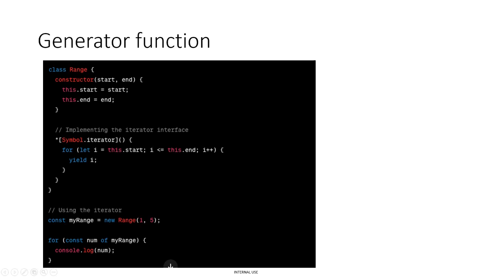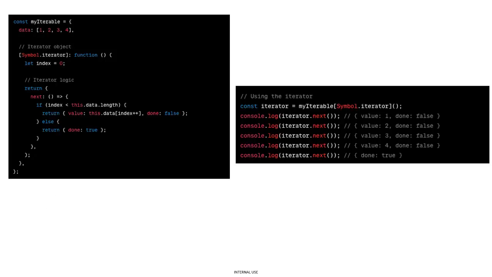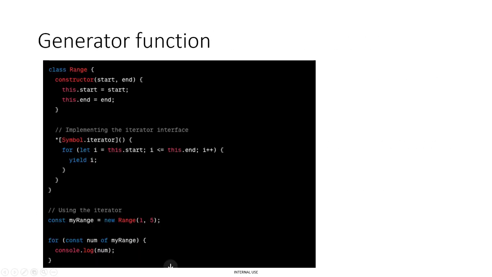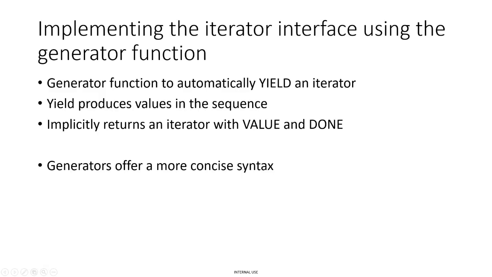But this iterator is a little bit different, right? It's not returning an object with value and done. You can do that, but this is a very implicit way to do it. So on the next slide, implementing the iterator interface using the generator function.